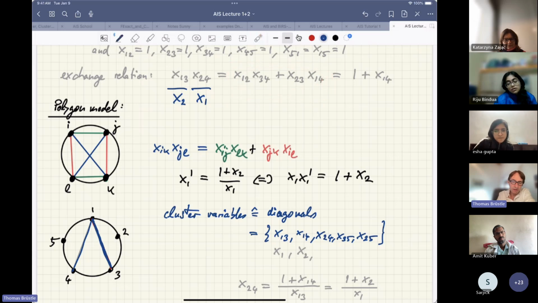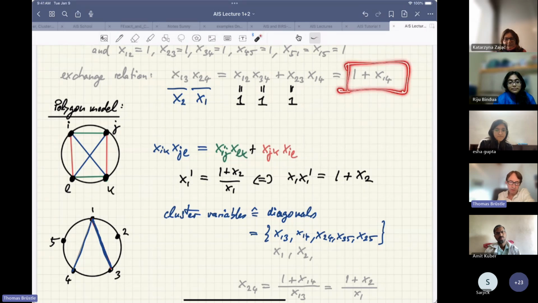But you see that x1,2 is of the form x_{i,i+1}, which we specified to 1. x3,4 is also specified to 1. So really the formula gives me x1,3 x2,4 equals 1 plus, and x2,3 also was specified to 1, so this is really 1 plus x1,4.